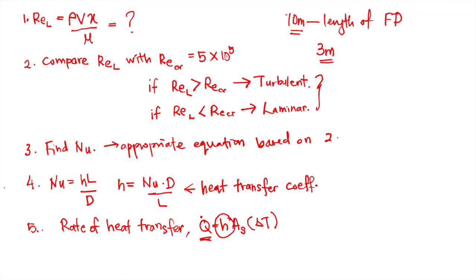You have to plug the values into the Reynolds number with L as 3 meter, not 10 meter. If you substitute 10 meter, it means that you want to calculate the rate of heat transfer or the Reynolds number for the entire plate.